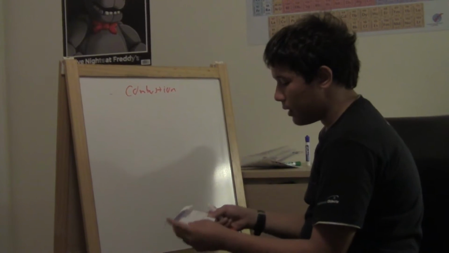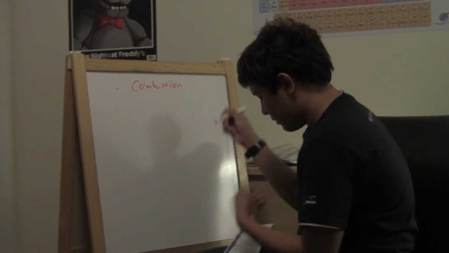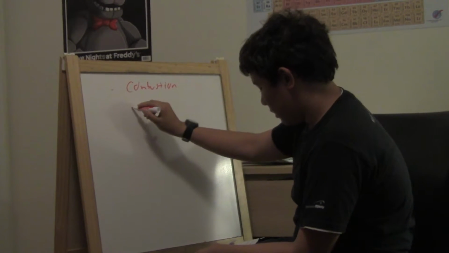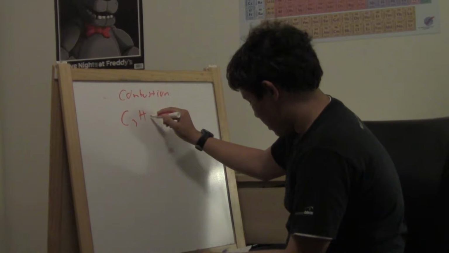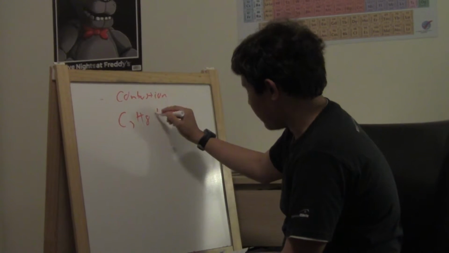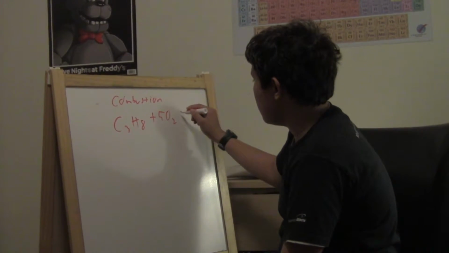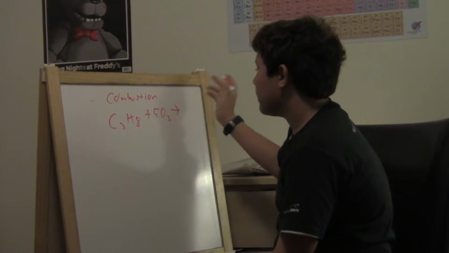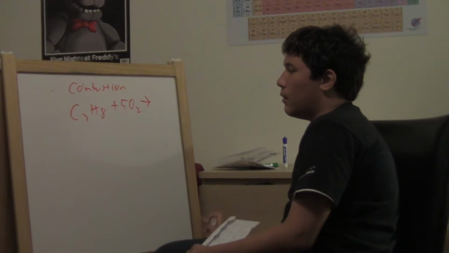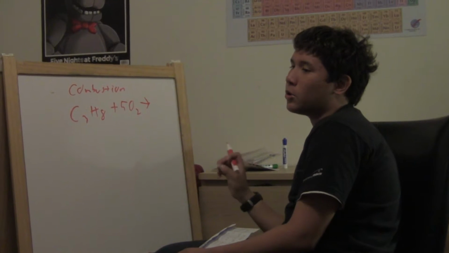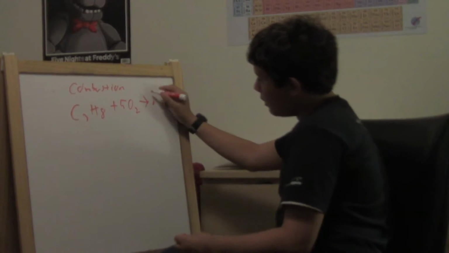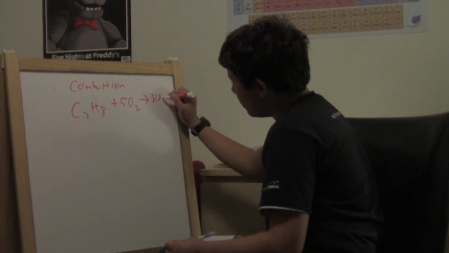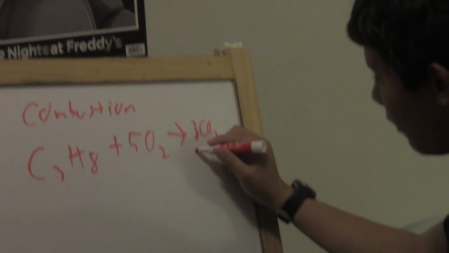An example of this is C3H8 plus 5 oxygen, yielding, with a bit of a combustion reaction for energy, 3 carbon dioxide and 4 waters.